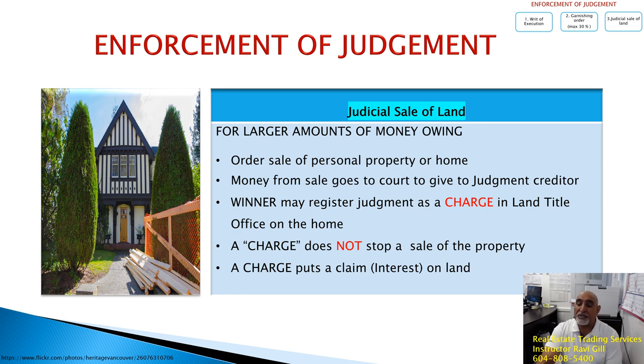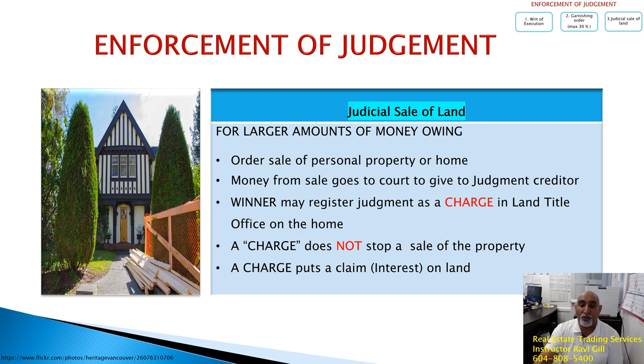It makes it so that if there is a sale, the money owing will be paid before the rest of the money is given to the judgment debtor. If there is no charge on that property, then that property could be sold and the judgment debtor could keep all of the money.